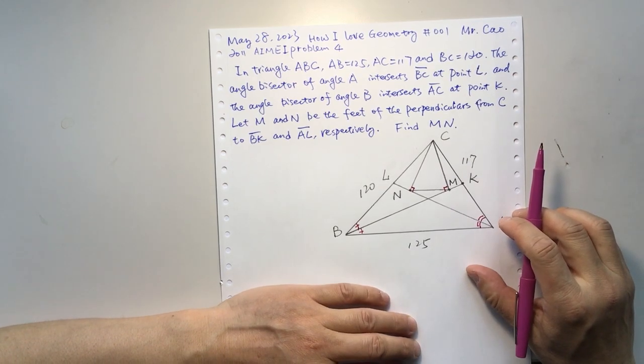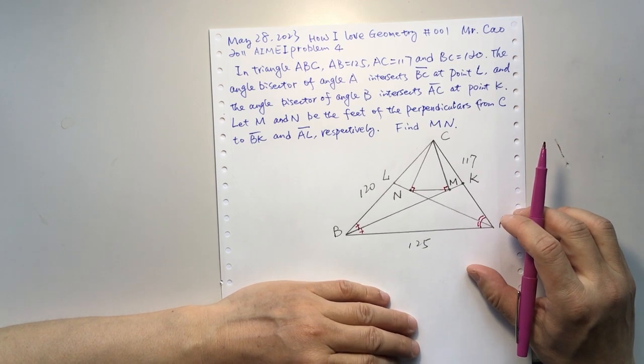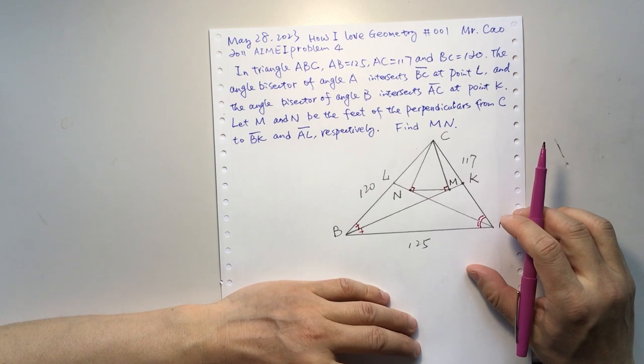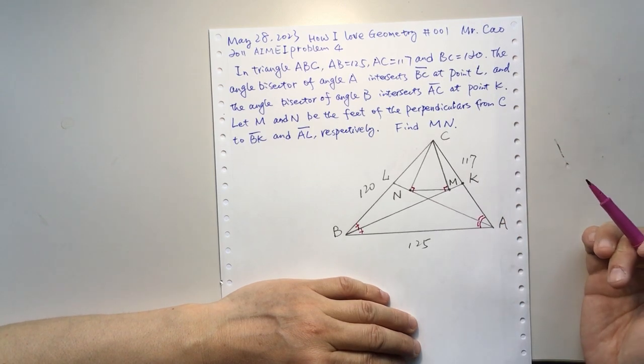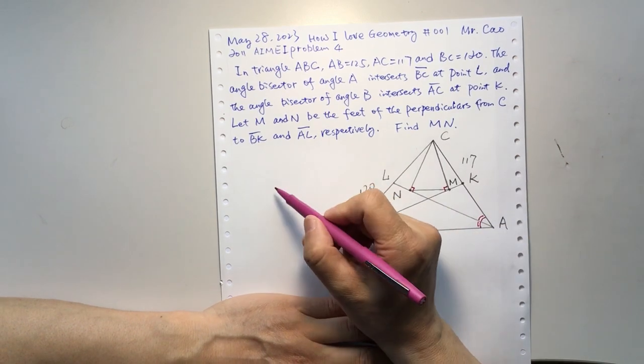Regularly, when we see the angle bisector and the perpendicular, what idea do you get? For me, I easily think about an isosceles triangle.